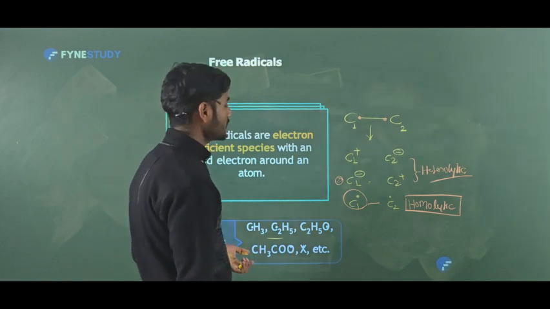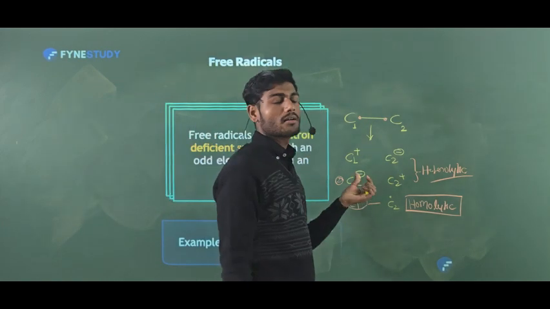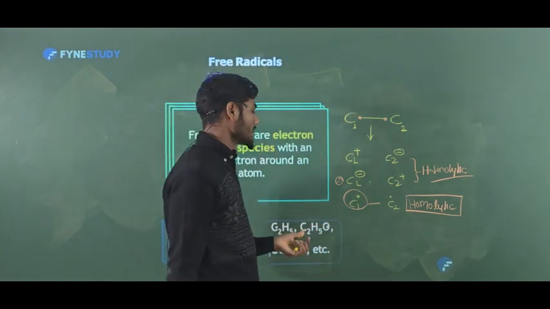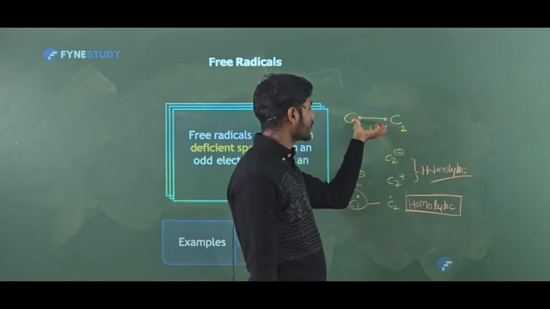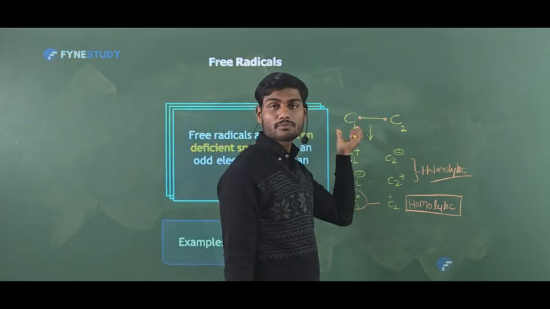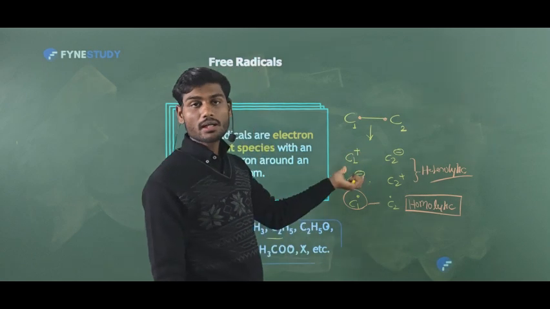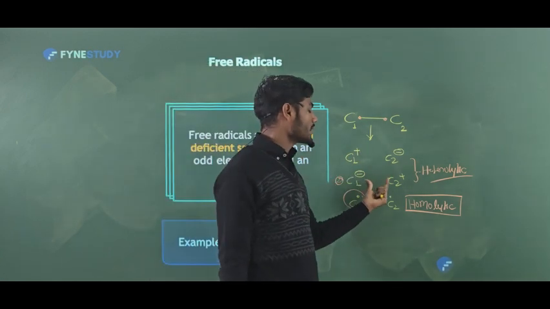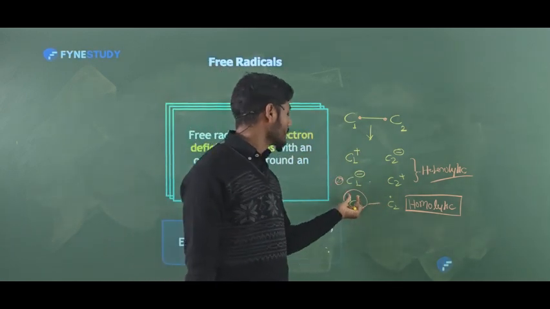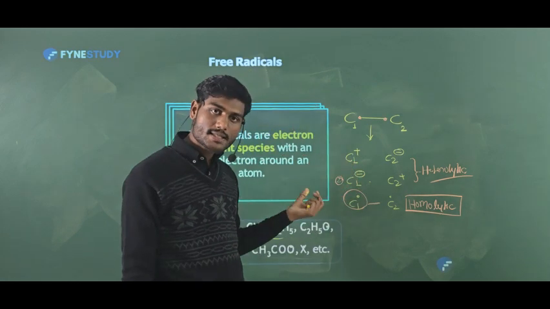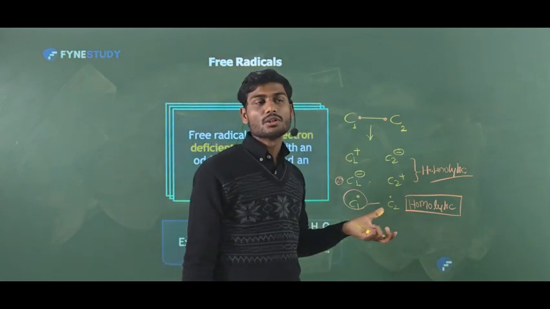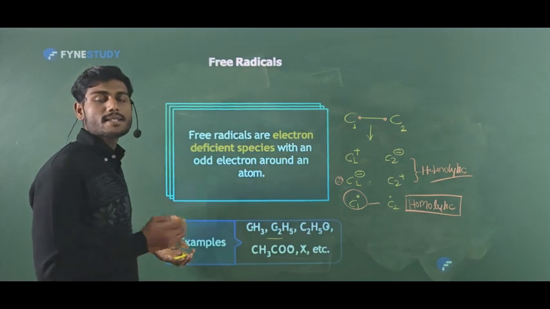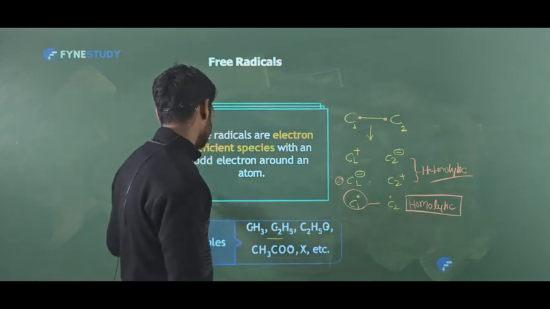Now see, here is a single electron. It means if it was in the bond, both electrons were common for both, so the octet may be completed. Now it is detached or broken, so this carbon has one less electron as compared to the previous. So there will be a deficiency of electrons. The same thing is here.